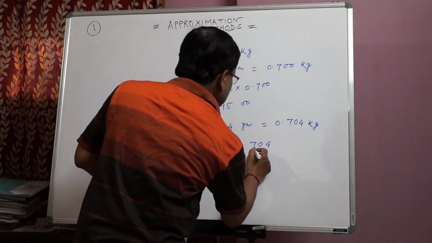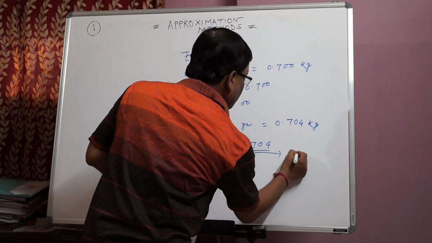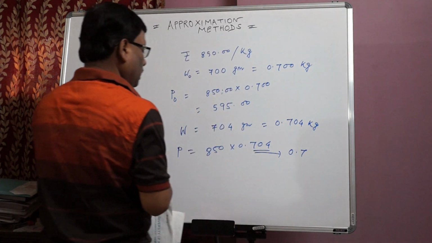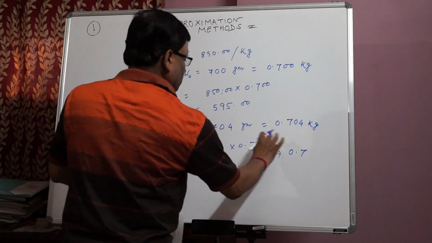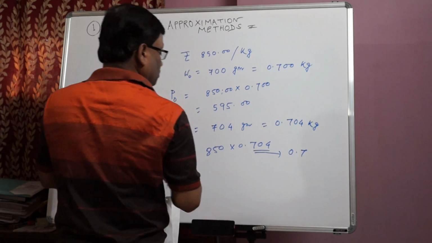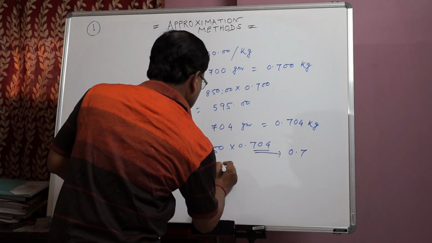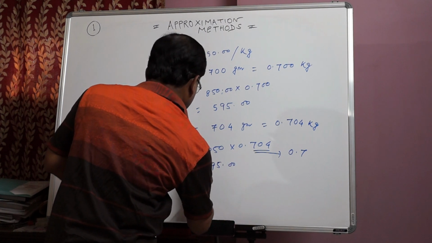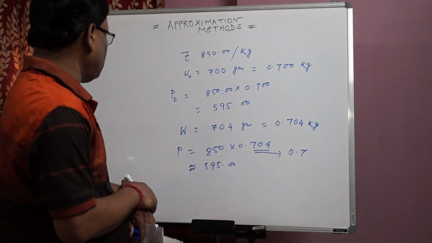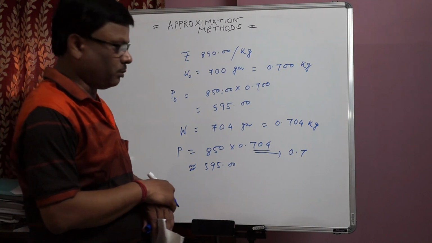The seller considers this as simply 0.700, and if he neglects this part 0.004, he takes only 595. So the approximate price is 595, which is exactly solvable.